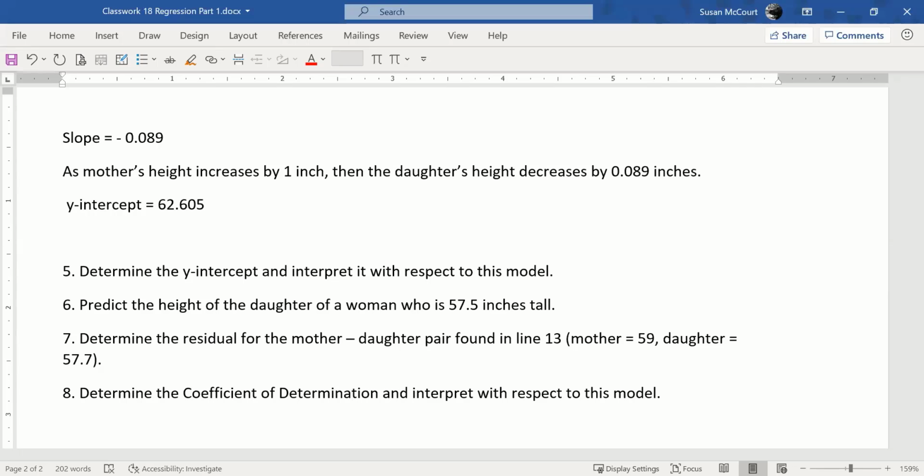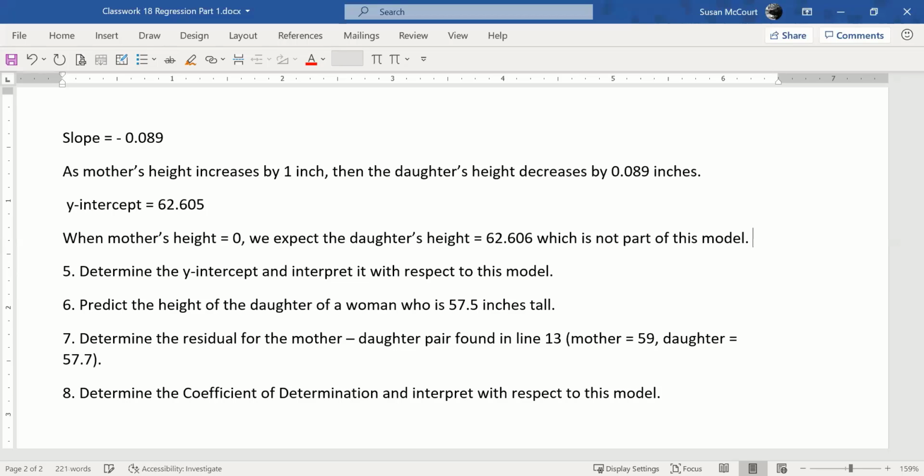Our y-intercept is 62.605. That means when our x variable is equal to 0, when the mother's height is equal to 0, we expect the daughter's height to be equal to 62.605, which is not a part of this model.